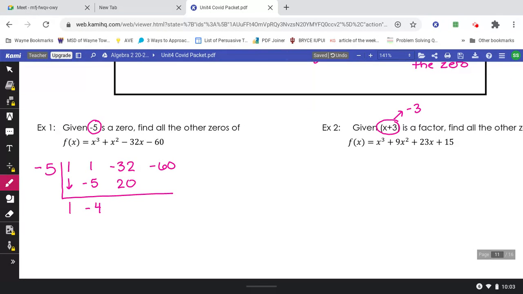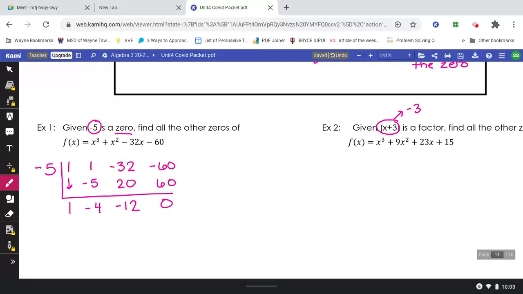And add to get -12. Multiply one more time, -5 times -12 gets us 60, and add those to get 0. We want to make sure we get 0 at the end because they told us this is a 0, which means -5 should result in an answer of 0.